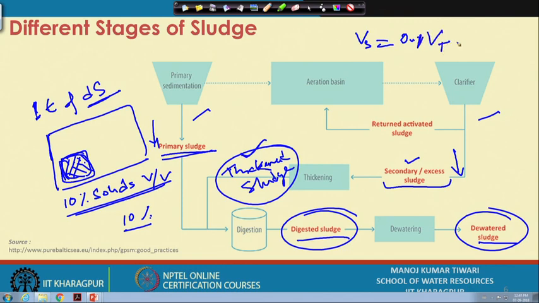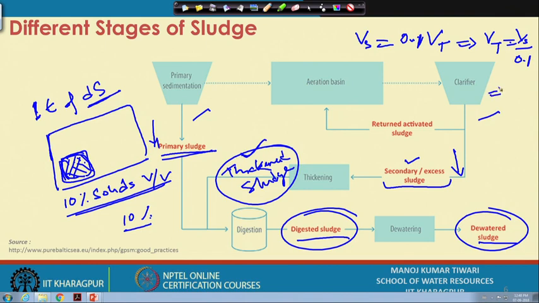From here you will get that the total volume of the sludge equals the volume of solids divided by 0.1.